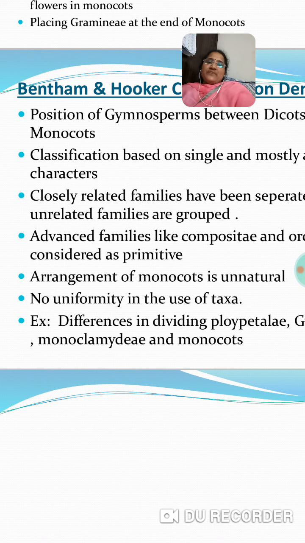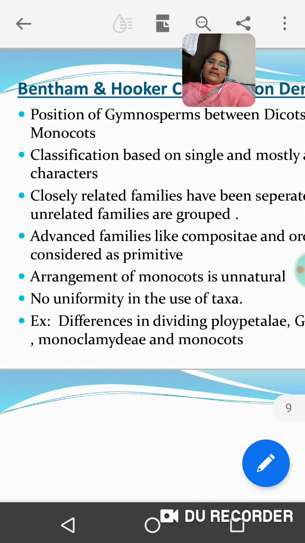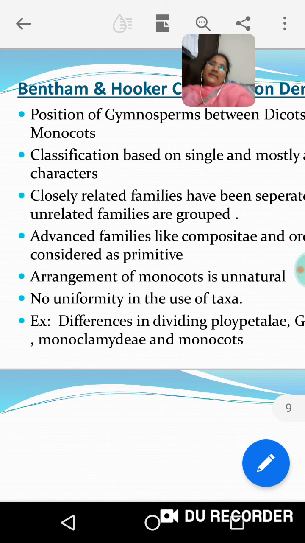But if you see the Monochlamydeae, its classification is not uniform or equal to the classification of Polypetalae and Gamopetalae. Coming to the Monochlamydeae, they are directly divided into series, and those series are not divided into orders; only series are there, so no orders. That is the difference.